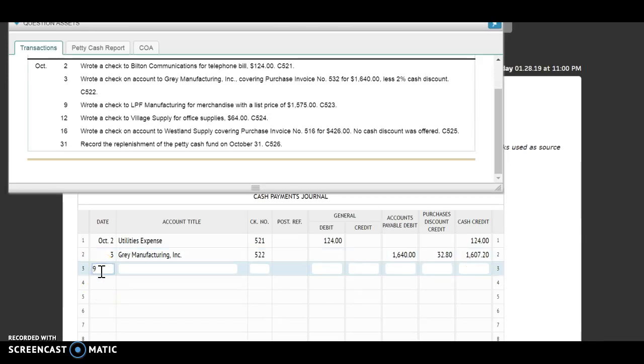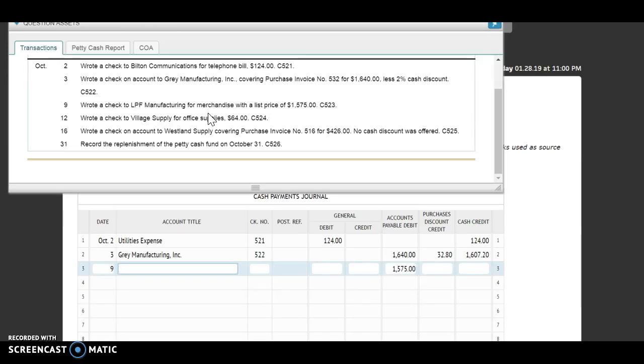The 9th, I wrote a check to LPF Manufacturing for merchandise with a list price of $1,575, check number 523. Okay, they're tricking us a little bit here because they're putting in that vendor name. However, we don't need to know that vendor name because we're simply buying merchandise with cash. We're not buying it on account. We're not paying them on account.